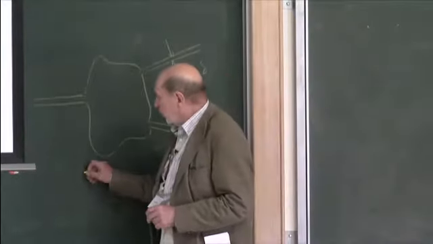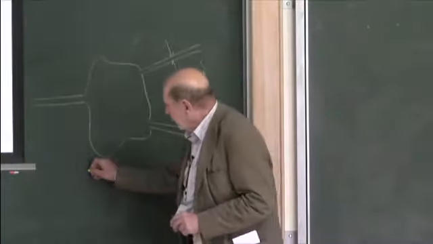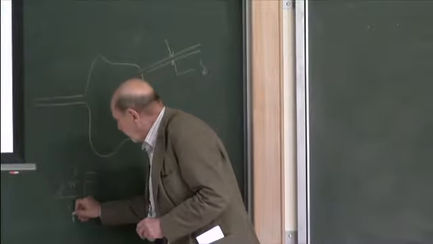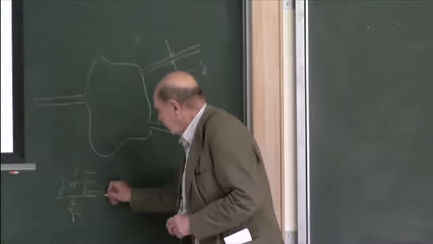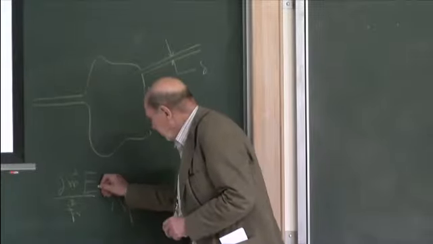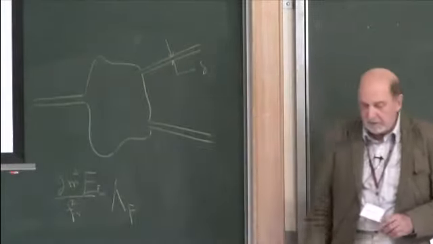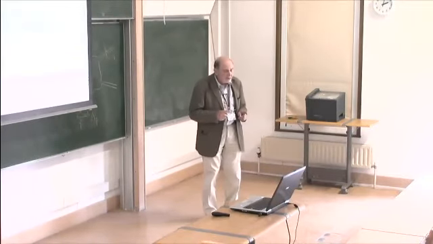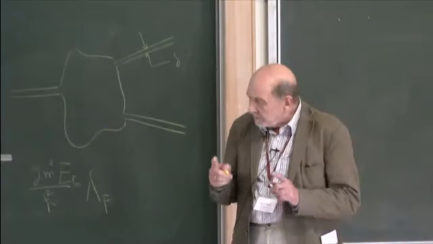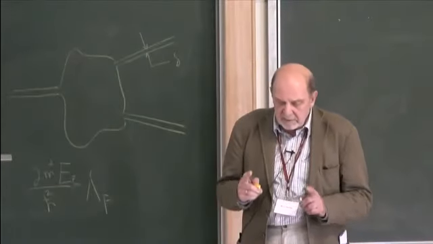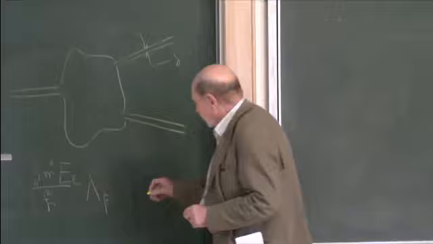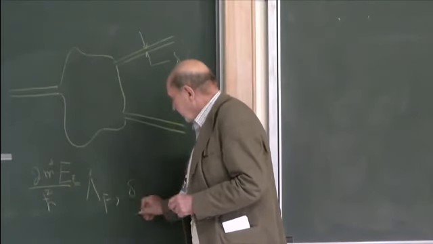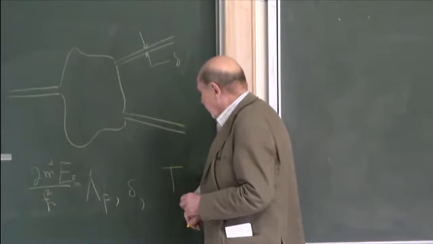I just have 2 important parameters. I have the Fermi level, or the renormalized Fermi level, which defines exactly the energy of moving electrons or holes in the semiconductor at 0 absolute temperature. Then, of course, I need delta, and I need temperature.